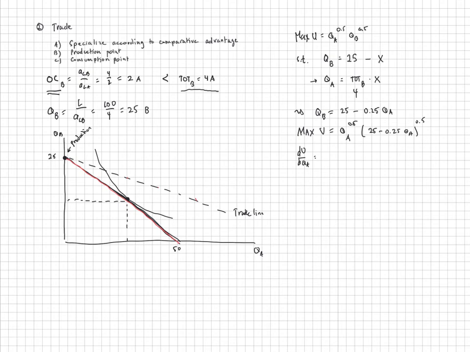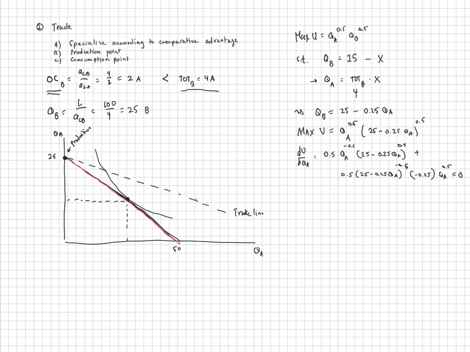All right, we know how to do it. We take the derivative the first time, multiply by the second term, plus the derivative of the second term, and we don't forget the inside, minus 0.25, times the first term, and we're going to set that equal to 0. And then we're going to move one of these over to the other side.